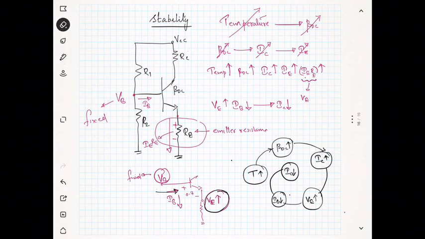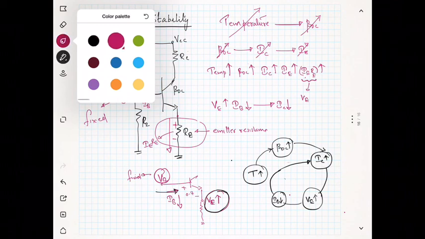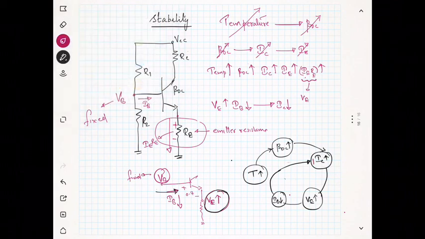It will lead to a decrease in IC, so that the IC becomes stable.